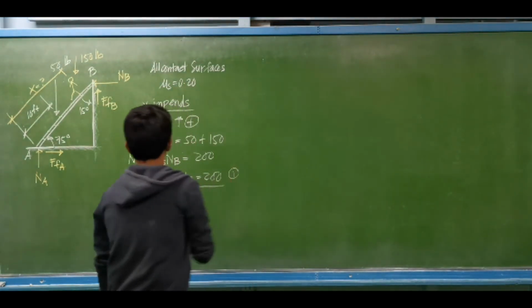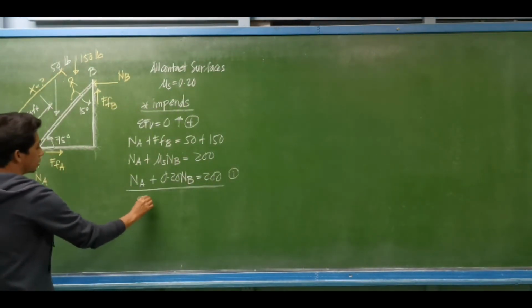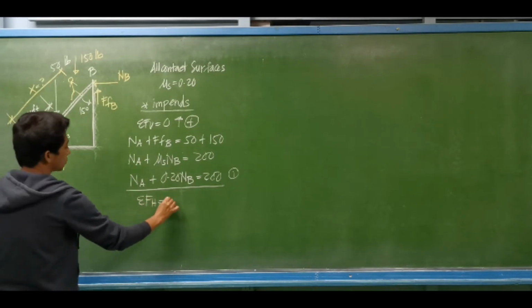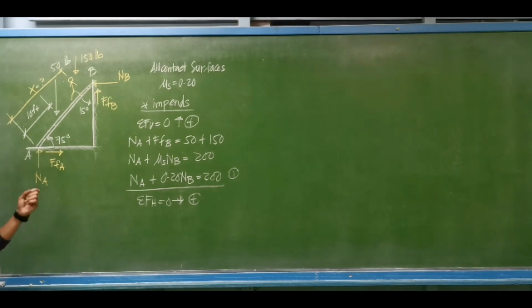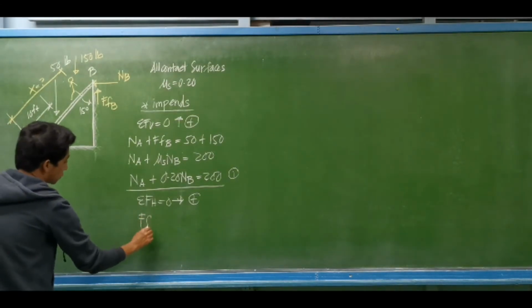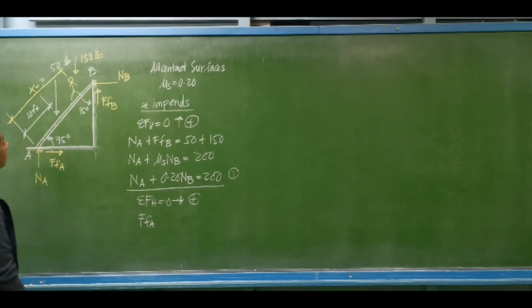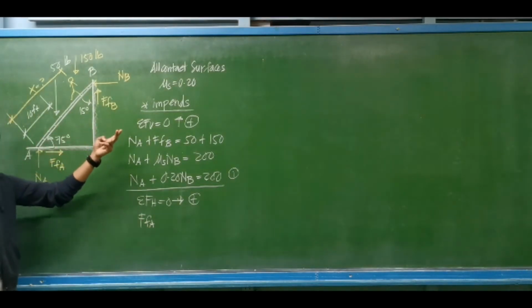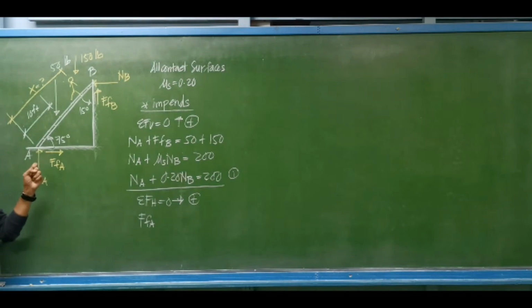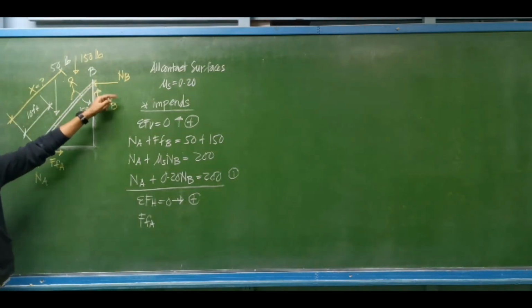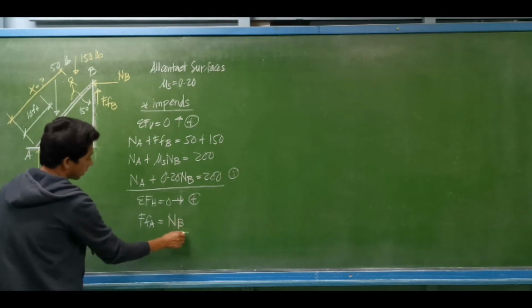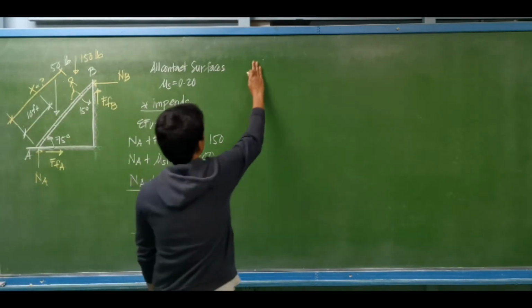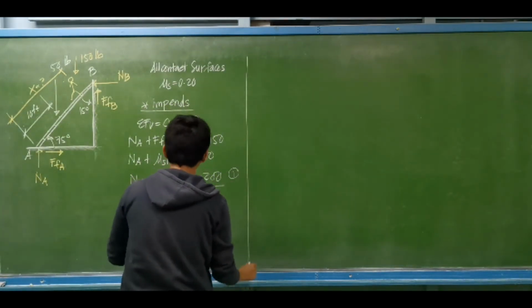Now let's have the summation of horizontal forces equal to 0, to the right positive. What is the force to the right? That is the frictional force at A. We have only two horizontal forces: the frictional force at A and the normal reaction at B. So the frictional force at A equals the normal reaction at B. What is the equivalent of a frictional force?